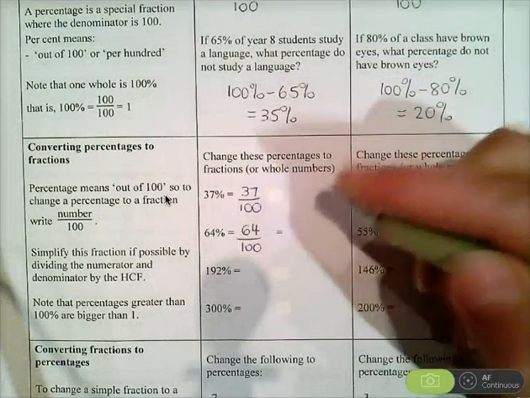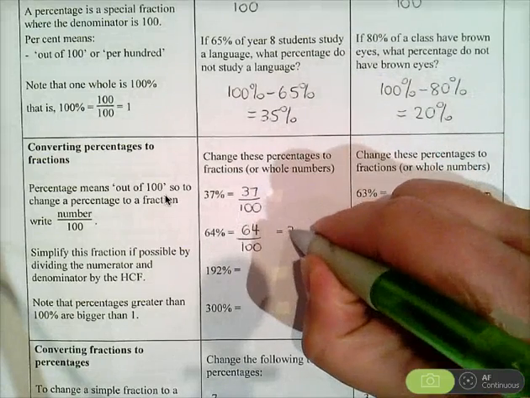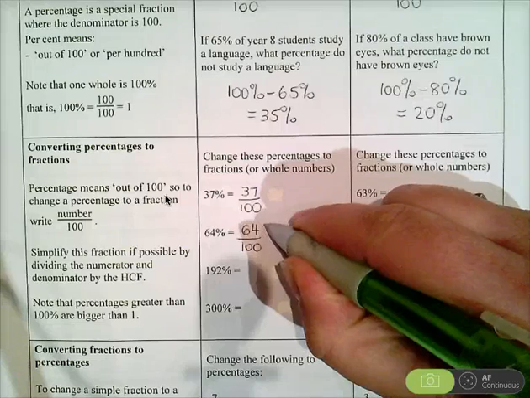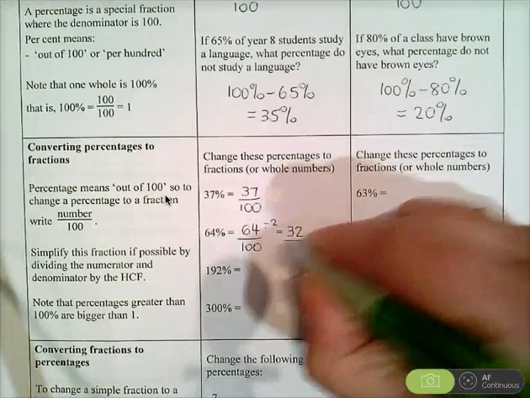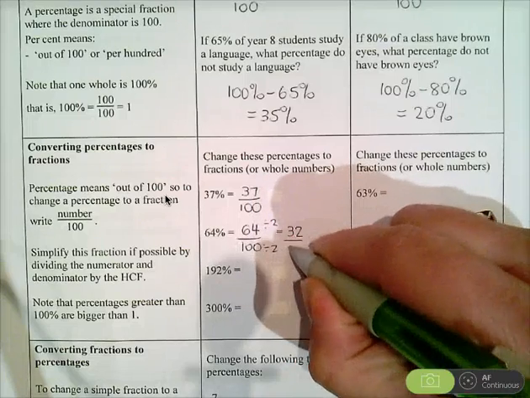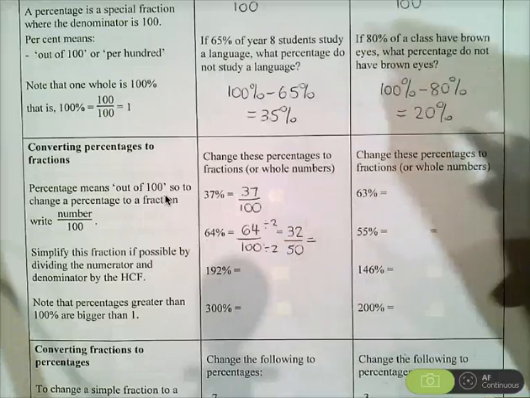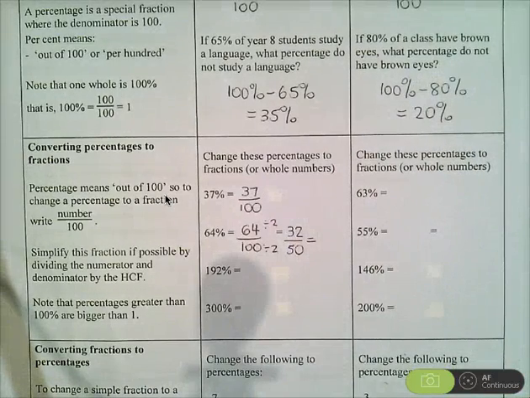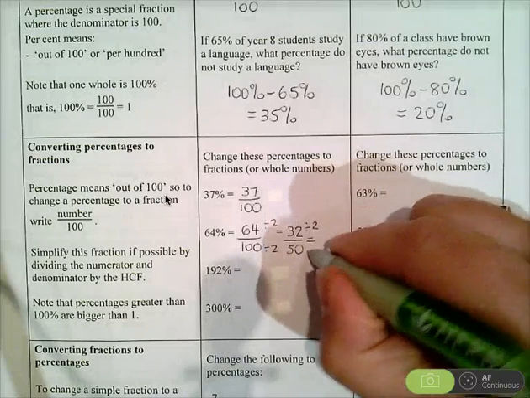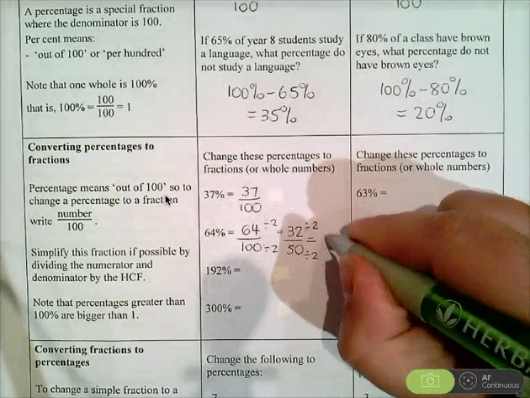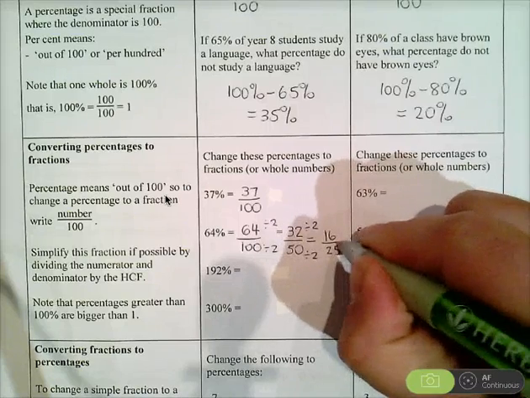You might just start off by saying, look, they're both even. 64 and 100 are both even, so I can divide them both by 2. So 64 divided by 2 is 32, and 100 divided by 2 is 50. But then I can look at those numbers again and say, look, they're both even as well. So I can divide those two numbers by 2 as well. So 32 divided by 2 is 16, and 50 divided by 2 is 25.